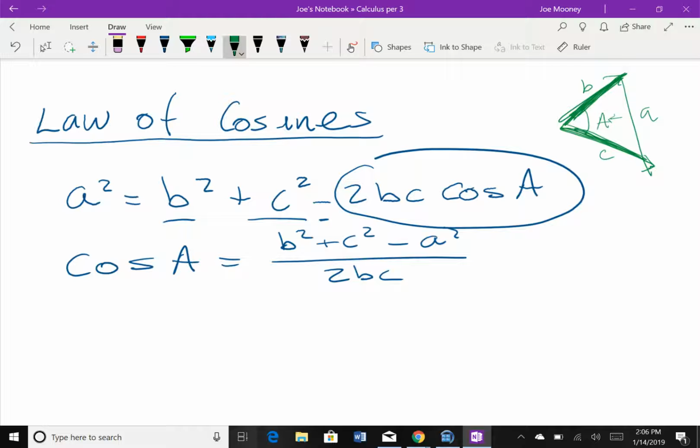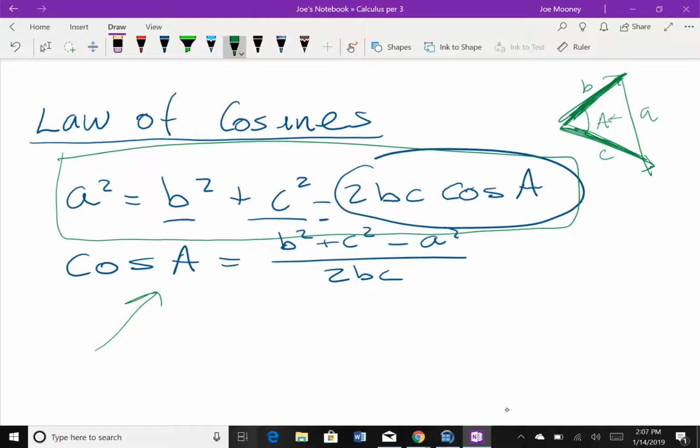Now, there's a rearrangement of the top formula. All it is is me manipulating it, and individually at your desk, we can move it around if you can't figure it out. You have it on your formula sheet. So this means if I want to find the angle, what do I have?